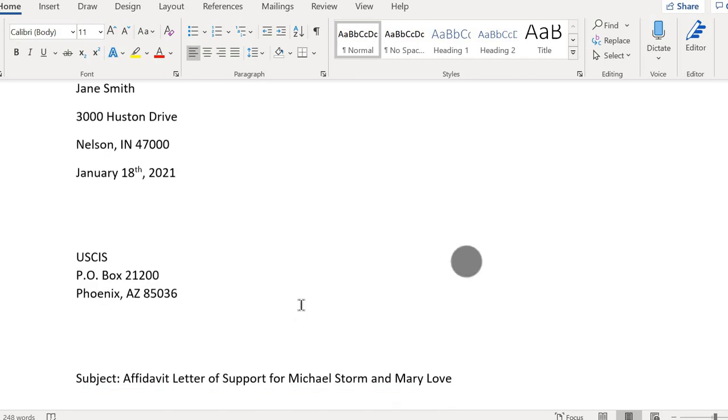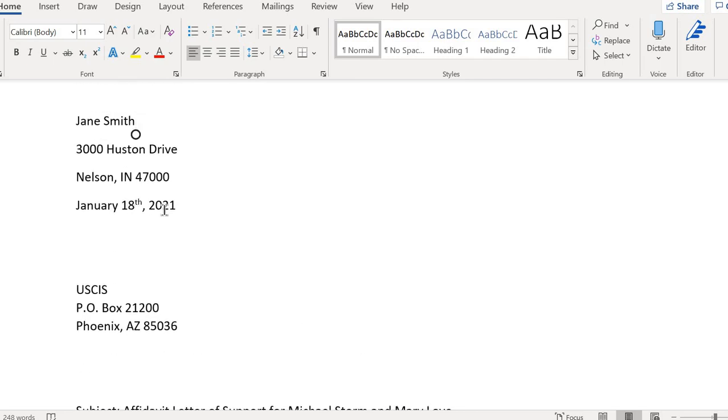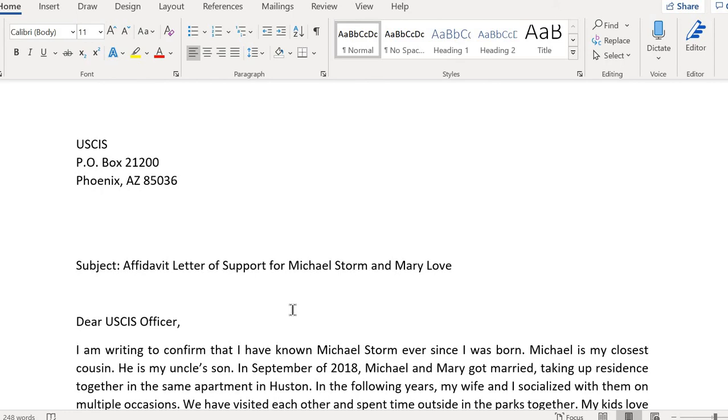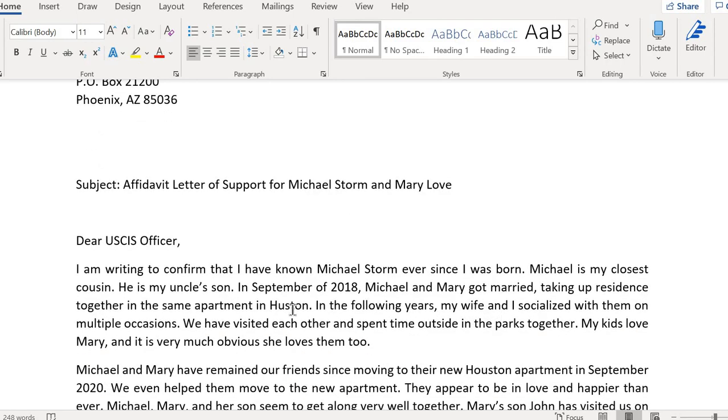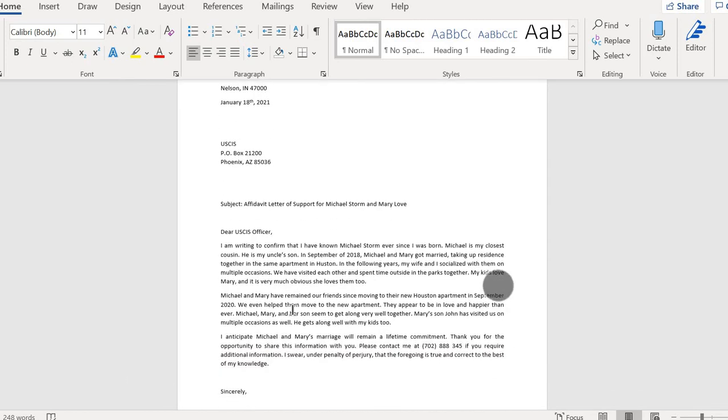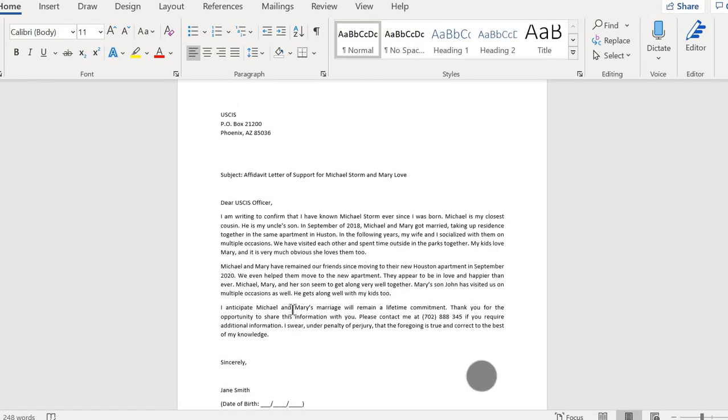So your friend or family member, and then you put the date here as well, and you put on whom it's addressed. So it's forwarded to the USCIS. And here is what you can write in this form. This is how it looks.